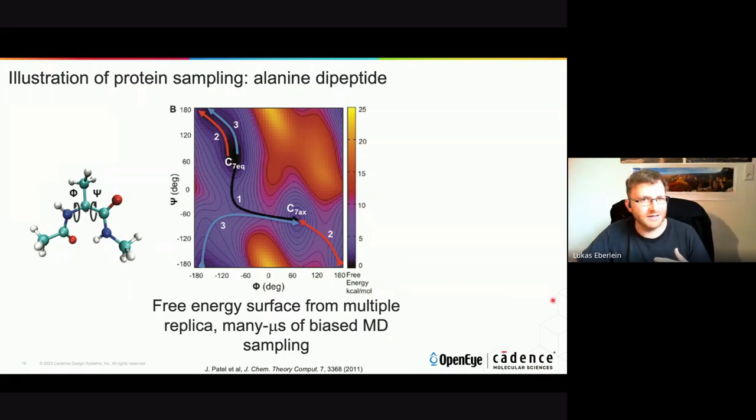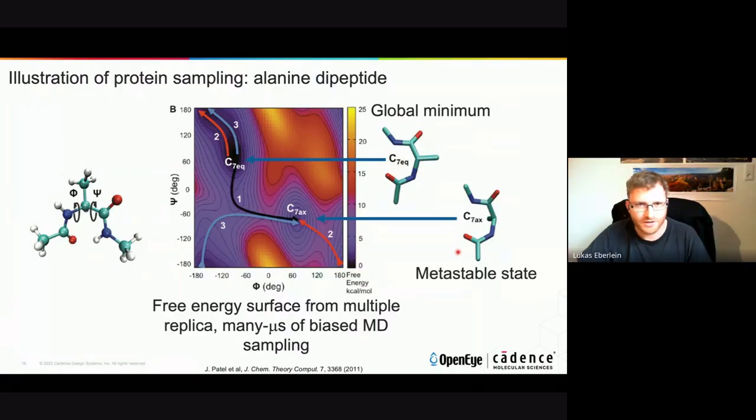So we can imagine that for proteins, which consist of hundreds of amino acids, we definitely need methods to speed up the sampling process to be able to observe such slower motions. So again, here's the metastable state, and here we have the global minimum.